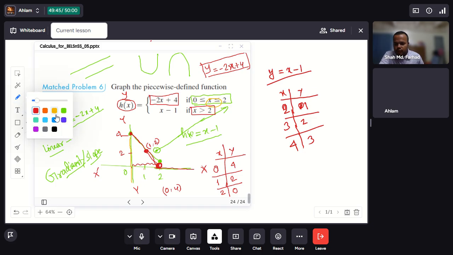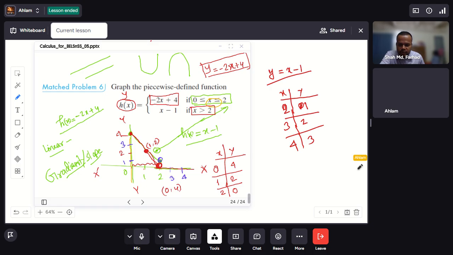So we will have a graph. If you consider this one is 1 and this one is 3, the graph will start from here, that is the 2, 1, and then 3, 2.